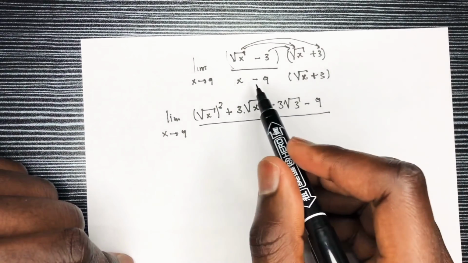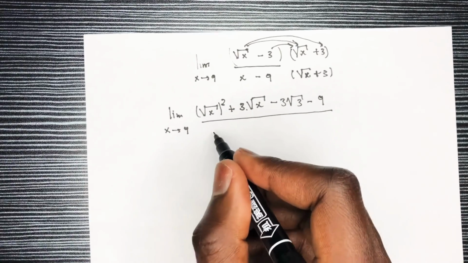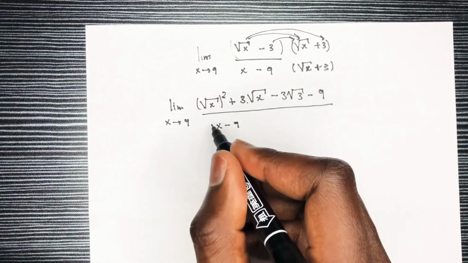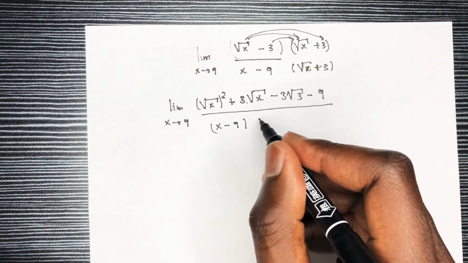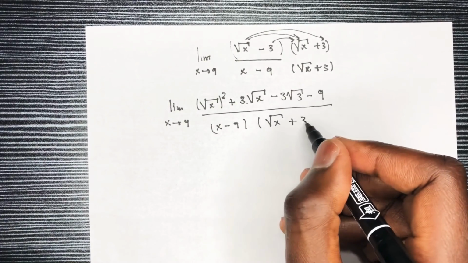On the bottom I advise you to keep it the way it is, which is x minus 9 in parentheses times the square root of x plus 3.